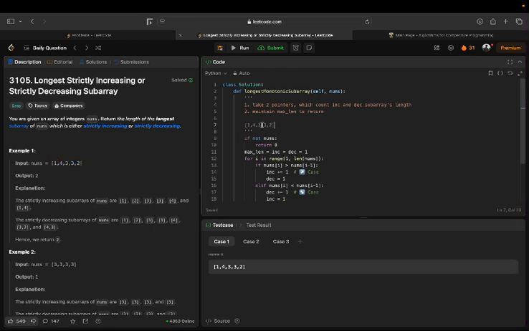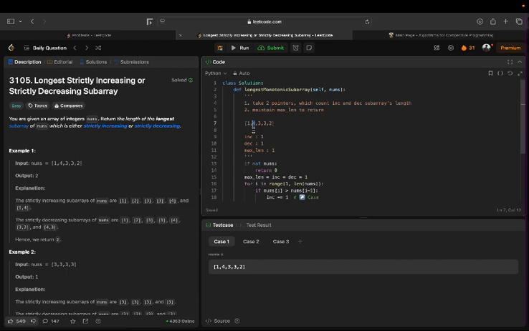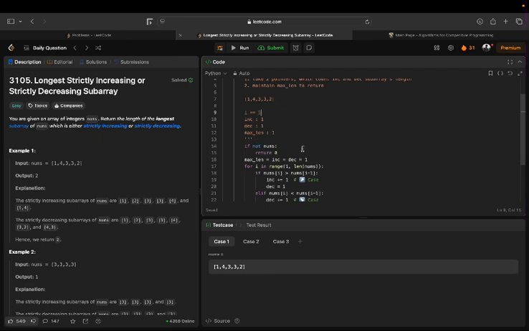At the initial level, increasing is 1, decreasing is 1, max length is 1, right? I starts at 1.